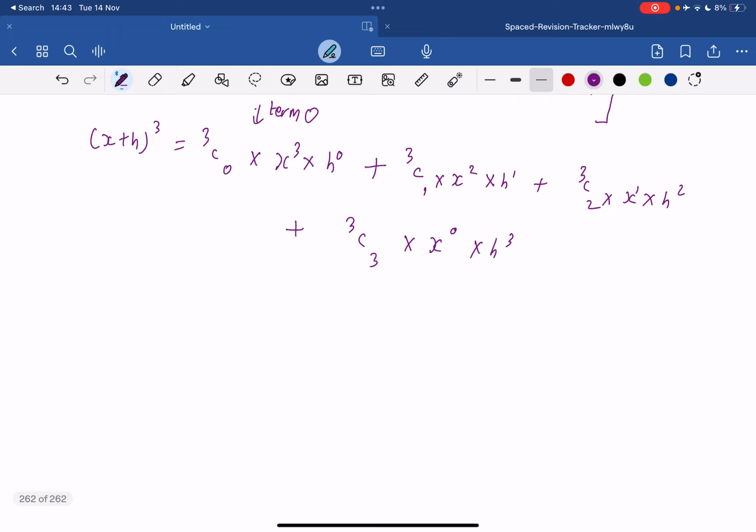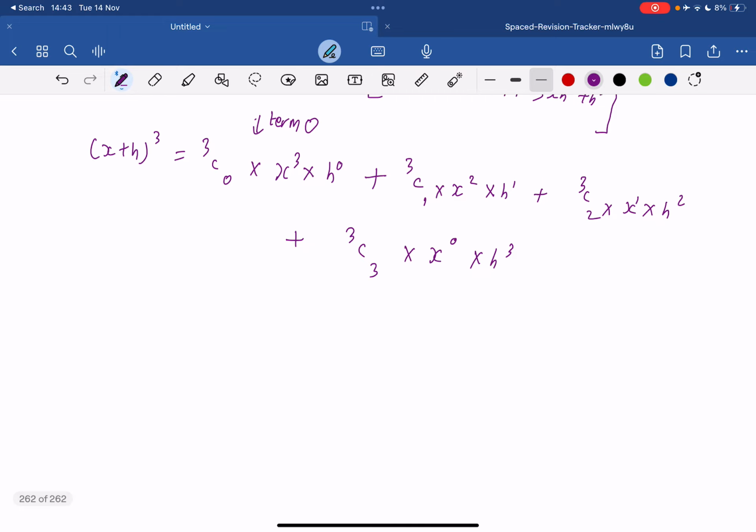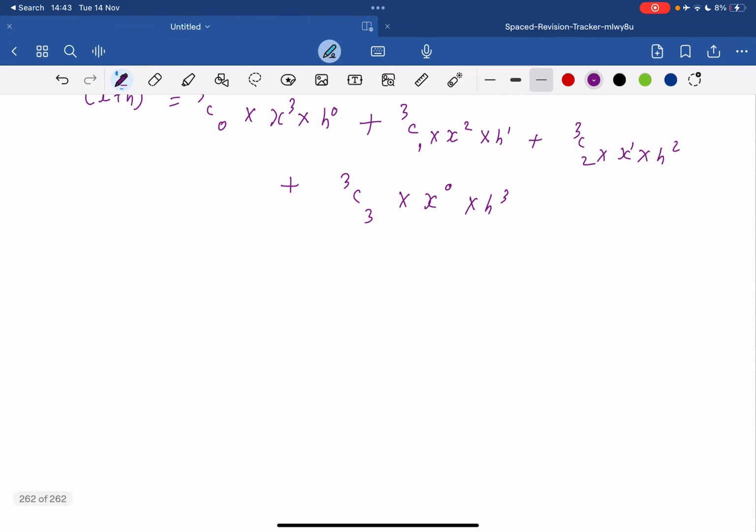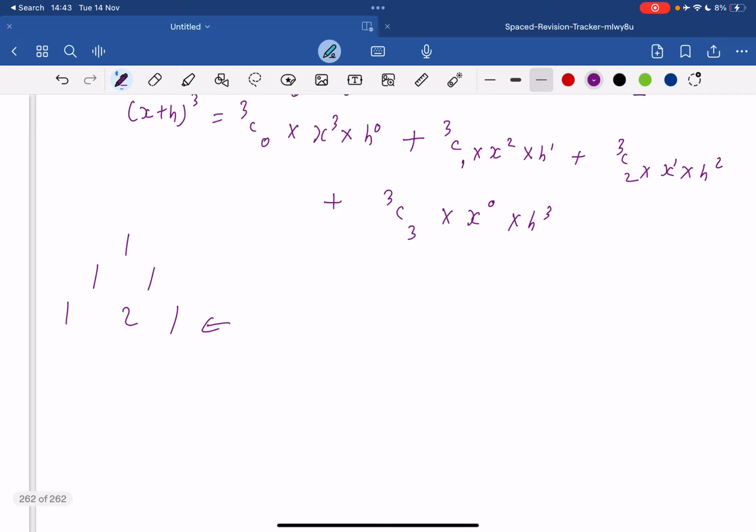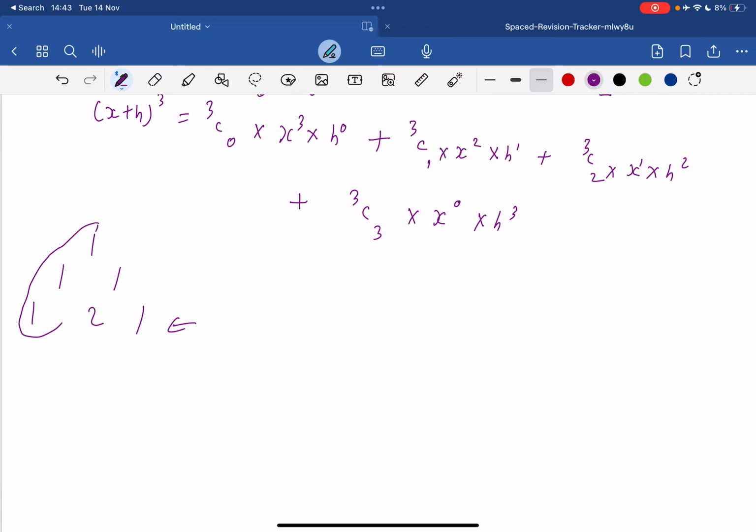Now, a thing you should notice is 3 means the third row of the binomial expansion. If you remember, the binomial expansion is 1, 1, 1, 1, 2, 1. Where all these 1s start, that's what we call the 0th term. This is the first term, this is the second term.